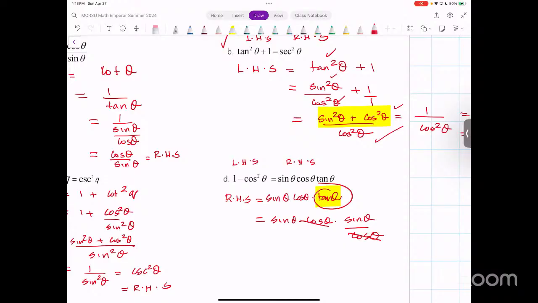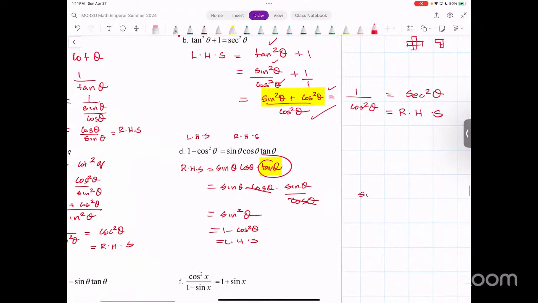Then what is left over? Sin squared of theta, isn't it? Can I write that as 1 minus cos squared of theta? That is equal to my left-hand side, because sin squared of theta plus cos squared of theta is equal to 1. Can I then say sin squared of theta is equal to 1 minus cos squared of theta? Yes.